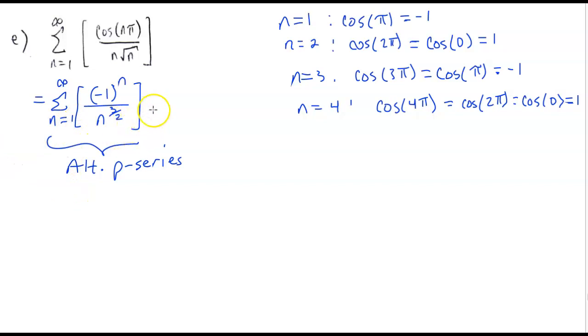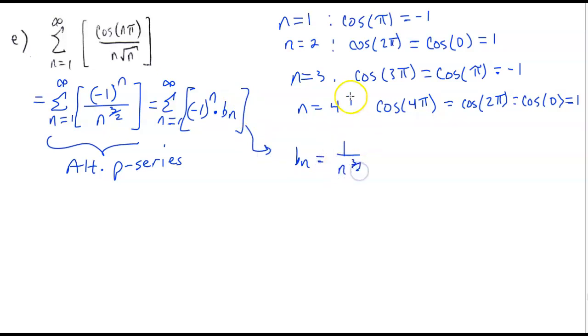So here, what we could do is look at this series as the summation from n equals 1 to infinity of -1 raised to the n times b sub n, where this b sub n is just 1 divided by n raised to the 3/2.